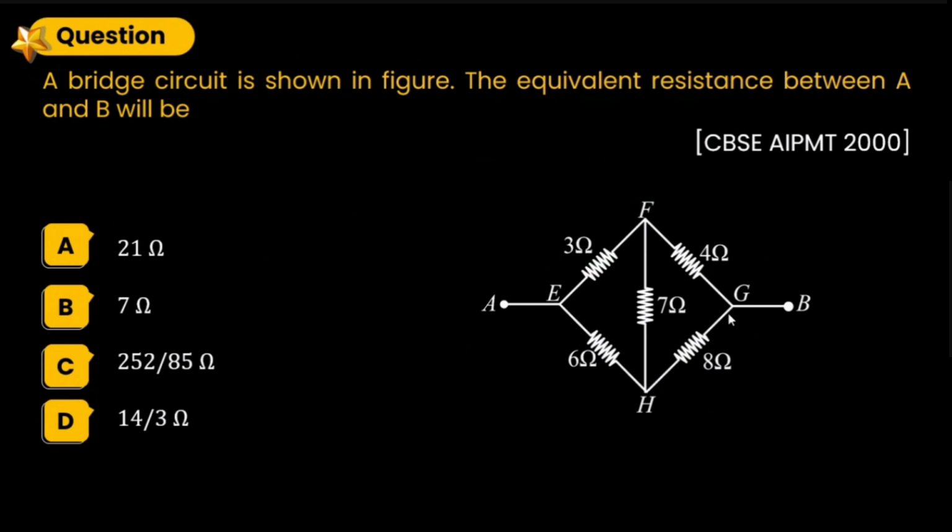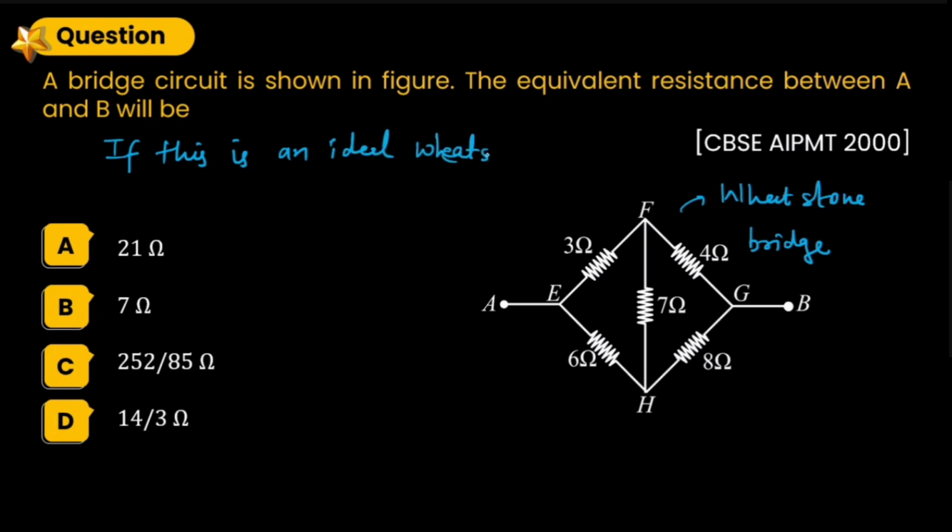So the question says, what is the equivalent resistance between A and B? In order to find the equivalent resistance between A and B, we can tell that this is nothing but a Wheatstone bridge. Before solving the Wheatstone bridge by using KVL, Kirchhoff's voltage law, we can first check if this is an ideal Wheatstone bridge.